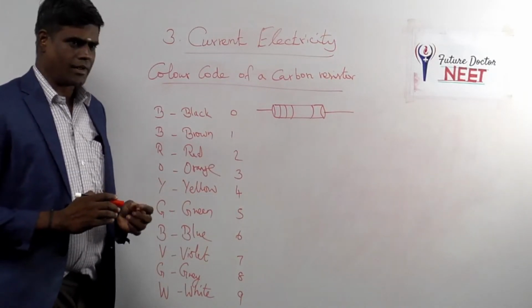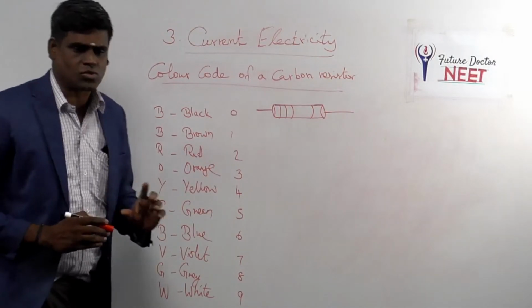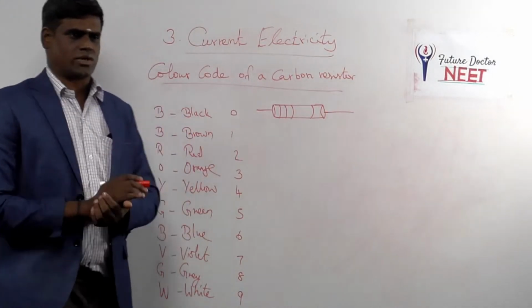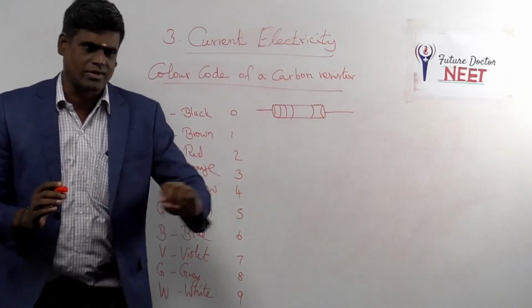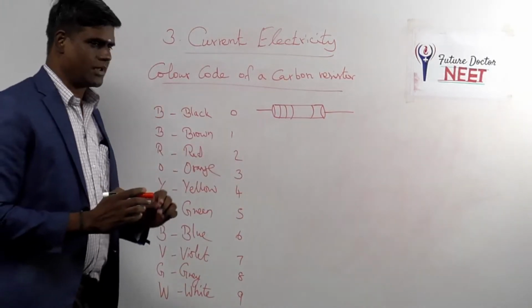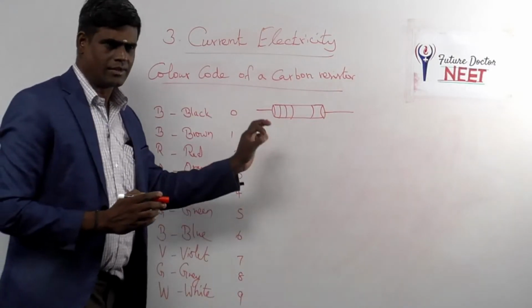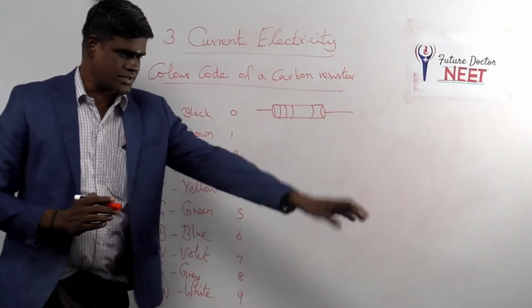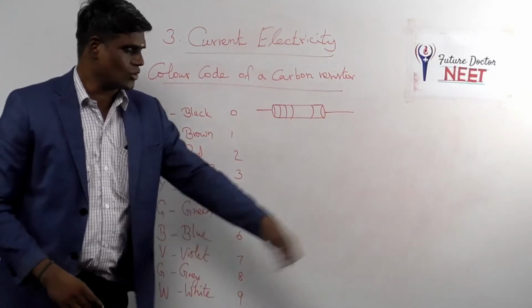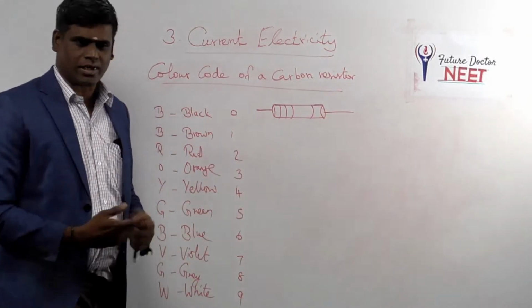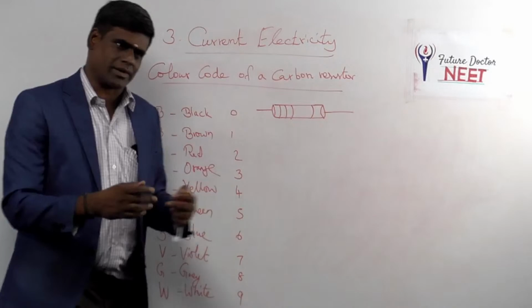Okay. Electronics students, ECE students, EEE students, ECE is Electronics and Communication Engineering, EEE, Electrical and Electronics Engineering, are very well versed in this color code. On saying the color itself, this is 10K, this is 20K, this is 22K, like that they will say immediately. That much they are thorough in practice.